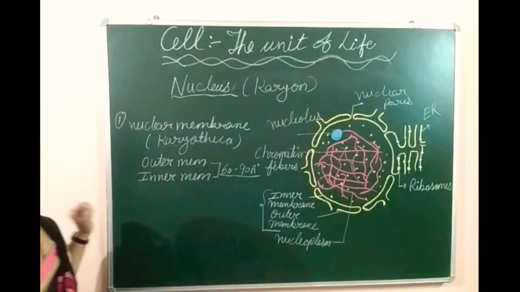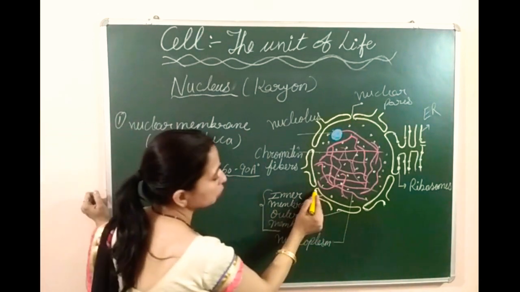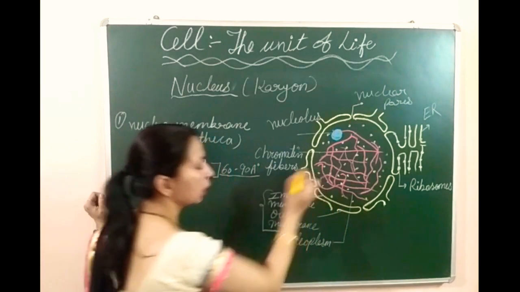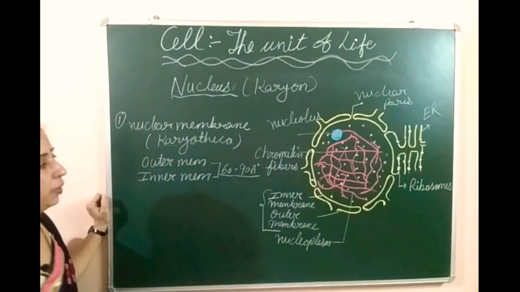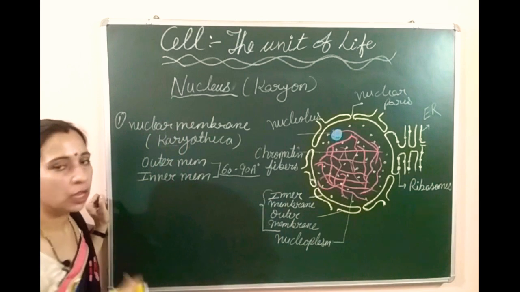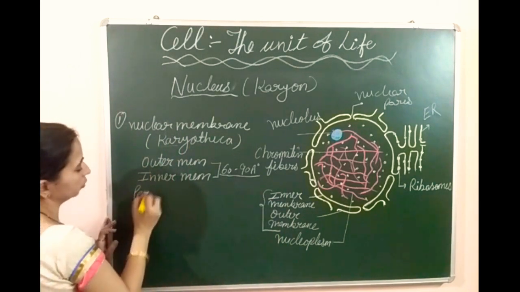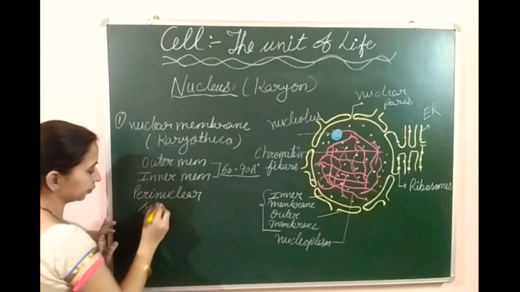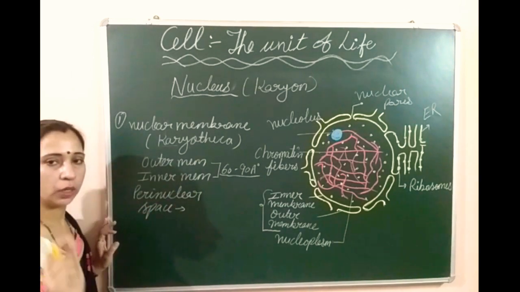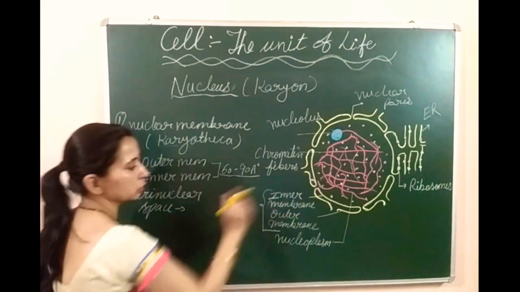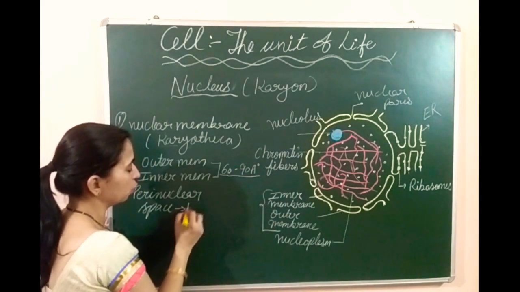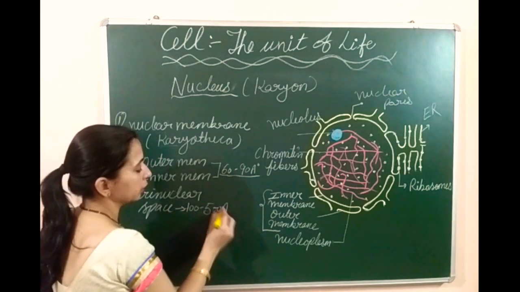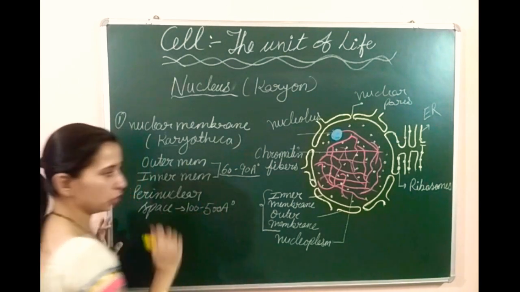These outer and inner nuclear membranes also have some space in between them. This space is known as perinuclear space, and its thickness is almost 100 to 500 Angstrom. इतना साइज का स्पेस होता है जो दोनों मेम्ब्रेन्स के बीच में प्रेजेंट है.